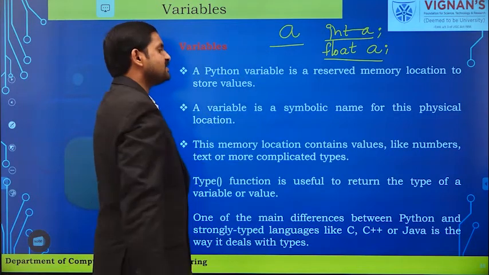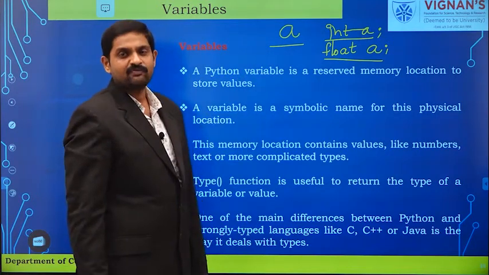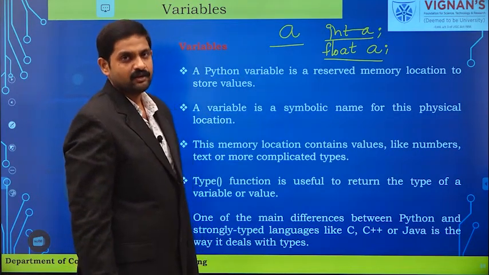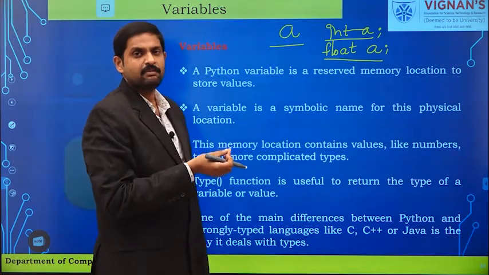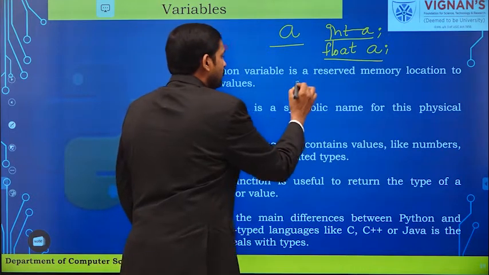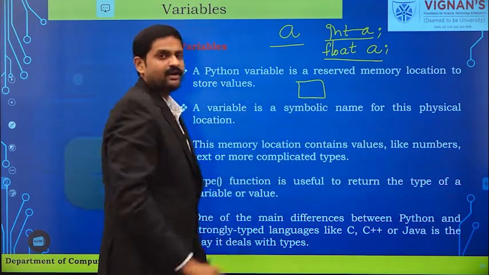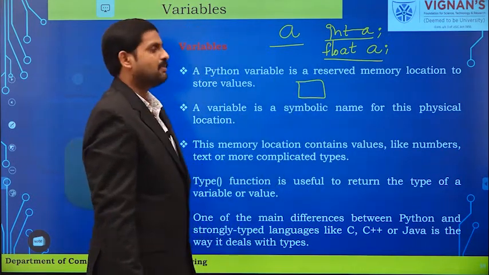A variable is a reserved memory location to store values. A variable is a symbolic name for the physical location. Based on the value taken by that variable, a particular memory will be allocated to that variable.